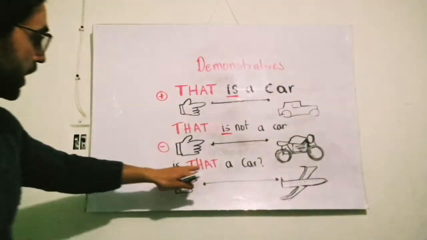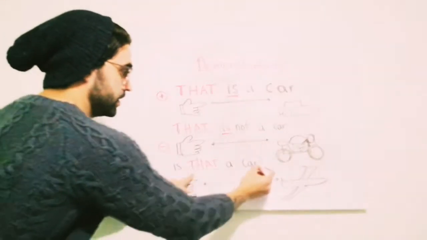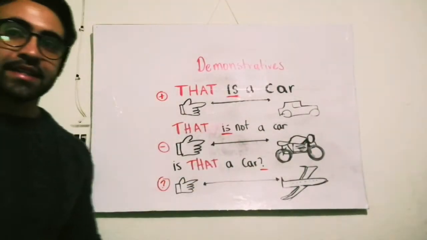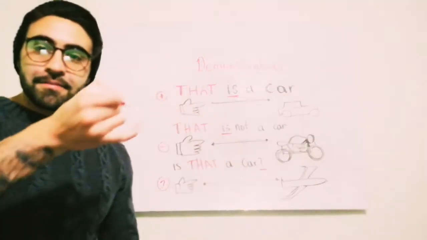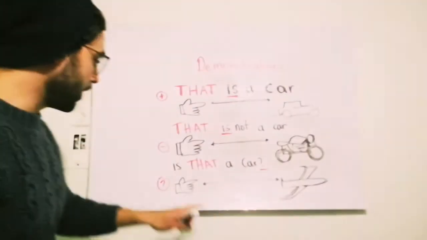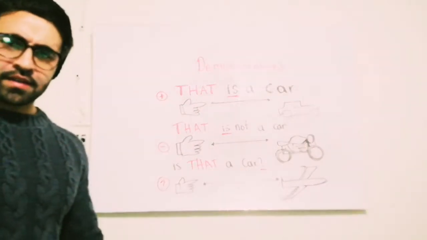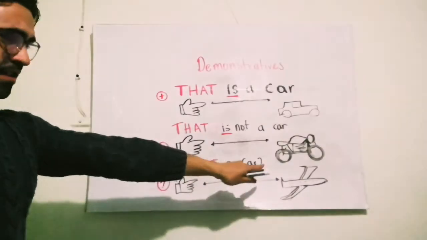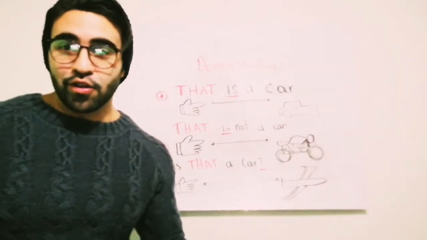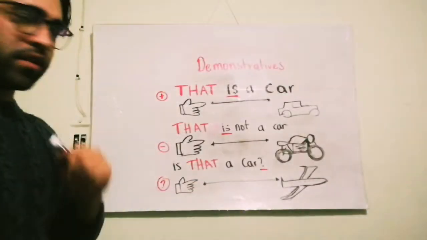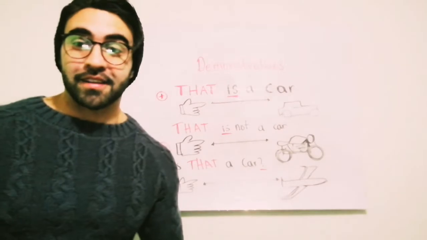But when you are asking a question, the verb to be, in this case is, goes at the beginning of the sentence. So I say, is that a car? Well, obviously it is not a car. So I say, no teacher, that's not a car, that's an airplane, right?